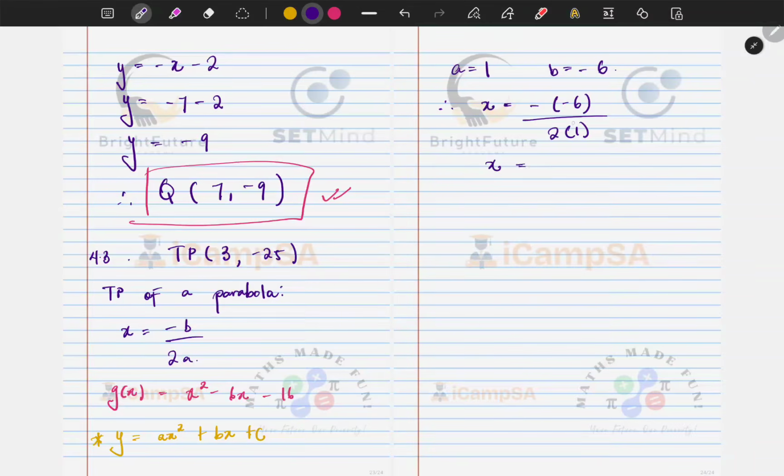So x equals minus negative 6 all over 2 times 1, which is positive 6 over 2, so x is 3. Therefore now we need y.